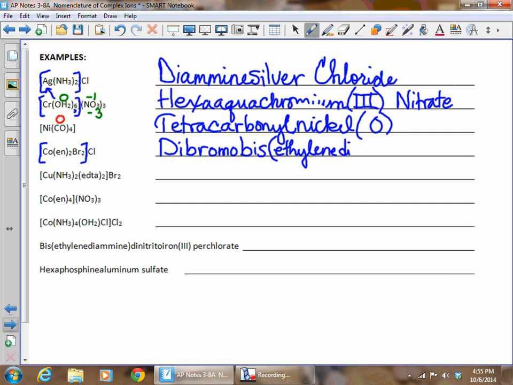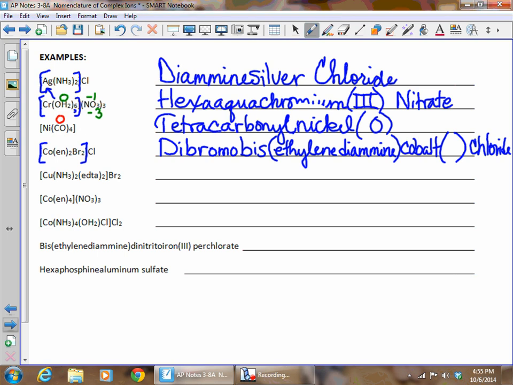So dibromobis(ethylenediamine). The only thing left in here is cobalt. No spaces yet. Cobalt does need parentheses. And then outside the coordination sphere, we have our normal old chlorine as the ending of a compound, which is chloride. So dibromobis(ethylenediamine)cobalt.